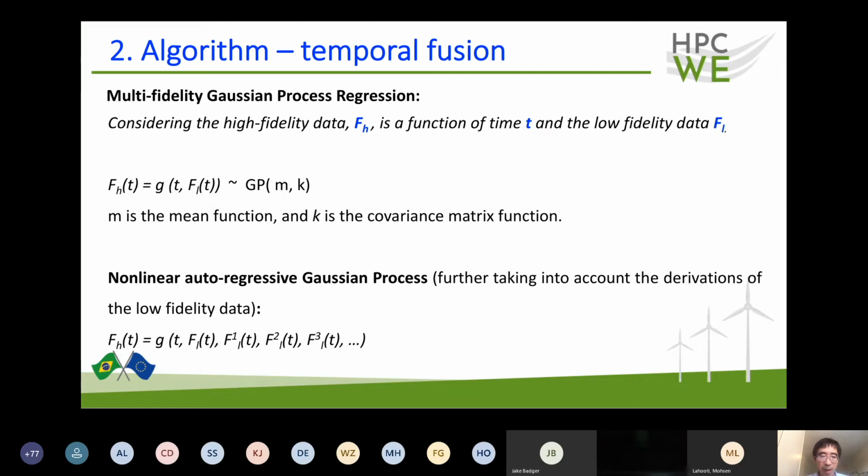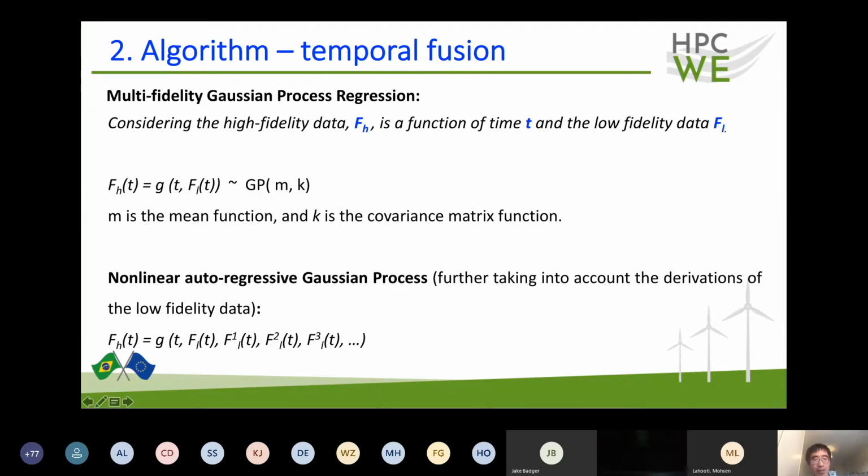We have two main steps. One is to regard the high fidelity data as a function of time and the low fidelity data. Here the high fidelity one is the measurement, your LiDAR result, and the low fidelity one is the WRF result. Again, when I say low fidelity, it is only relative to the direct measurement.